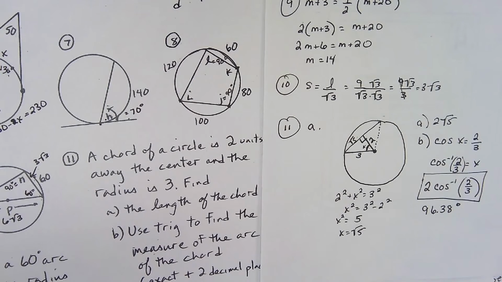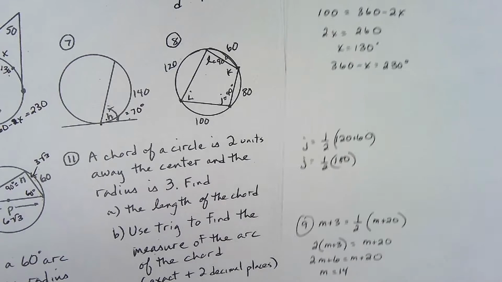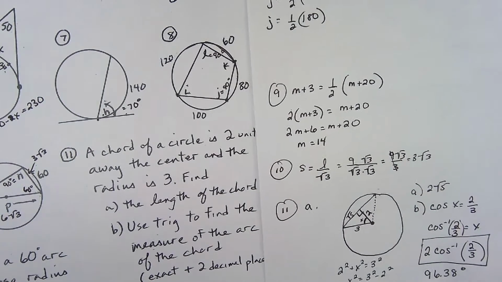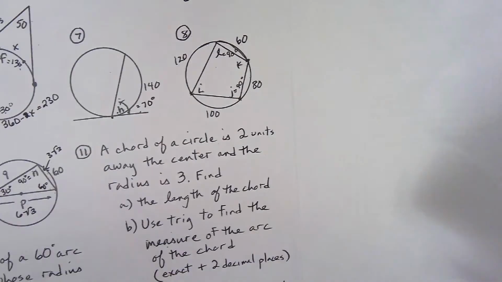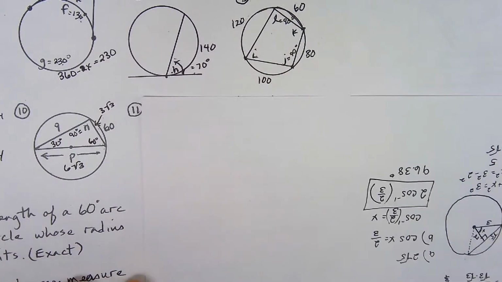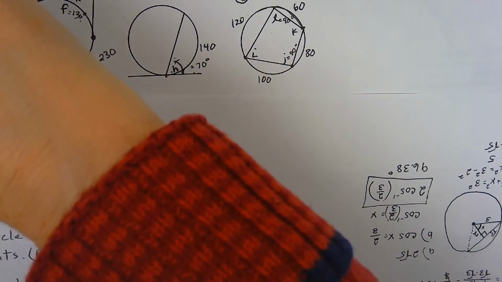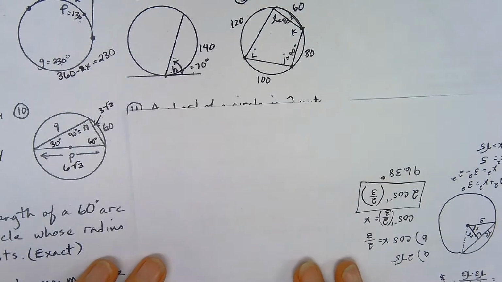And that's the answer for number 11. Make sure you see that. You can pause your video. Numbers 12, 13, and 14 require the formula or the proportion that relates the length of an arc to its central angle.